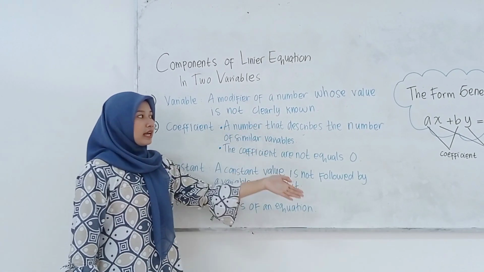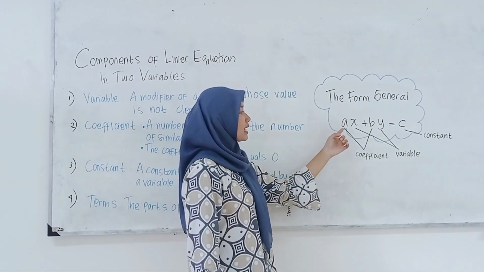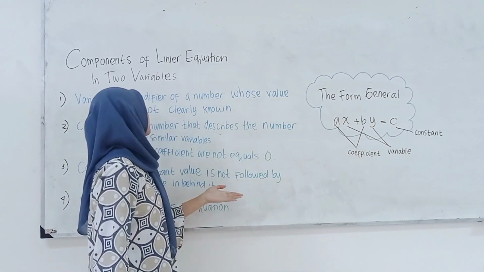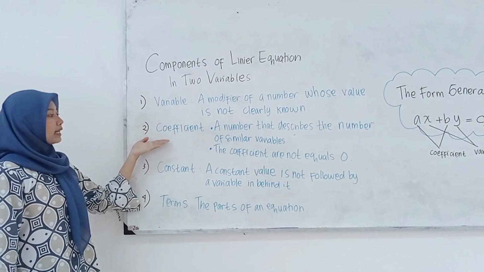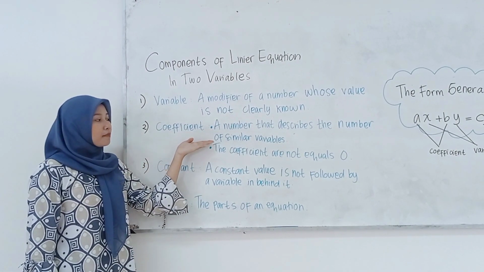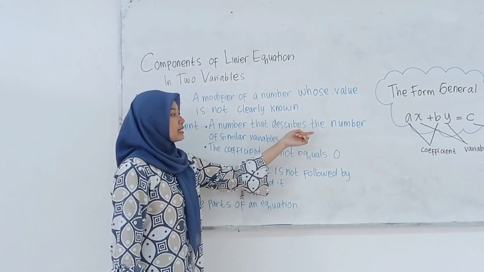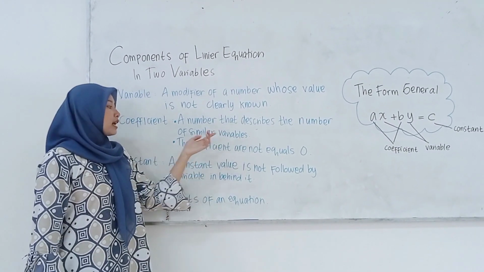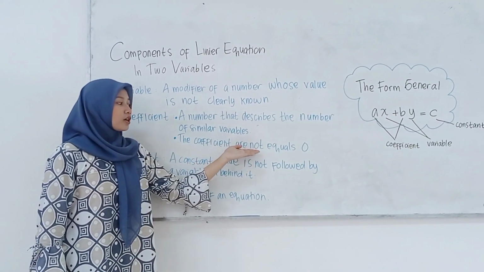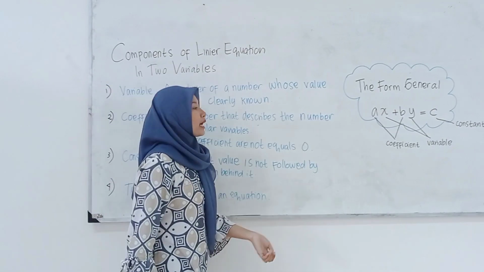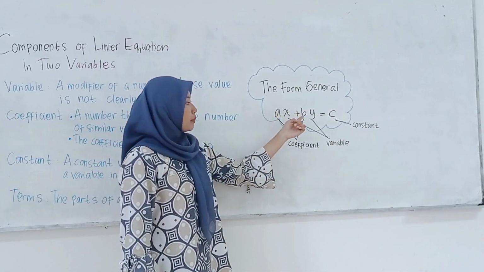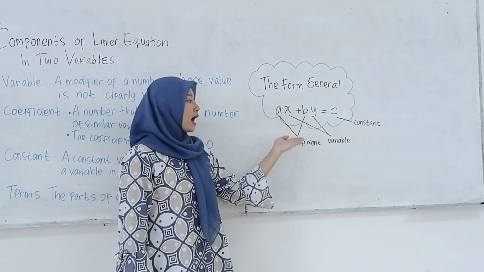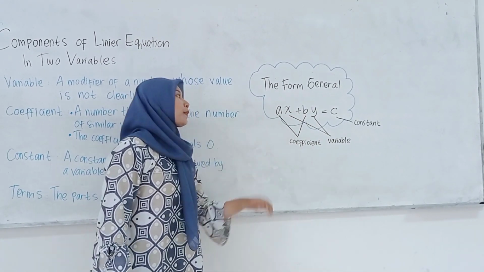For example, in the formula we can see x and y are variables. The second component is coefficient, a number that describes the quantity of similar variables. The coefficients are not equal to 0. We can see a and b are coefficients and a and b are not equal to 0.